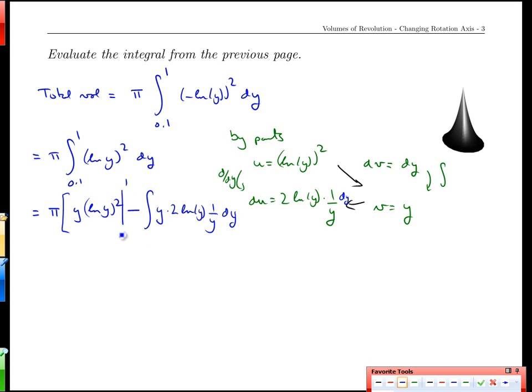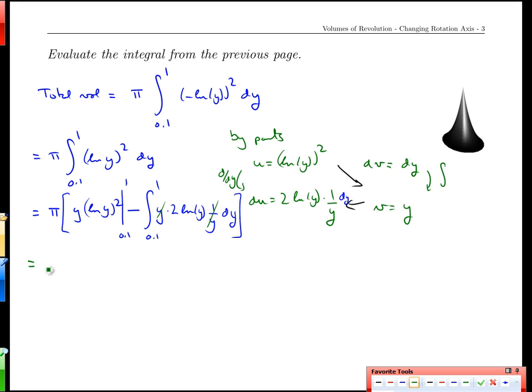This is between 0.1 and 1, so is this. And did that help? Well, it helped a little bit. We can get rid of our y's here, they cancel. Now we're left with the integral of ln y with a 2. I think we can work with that.